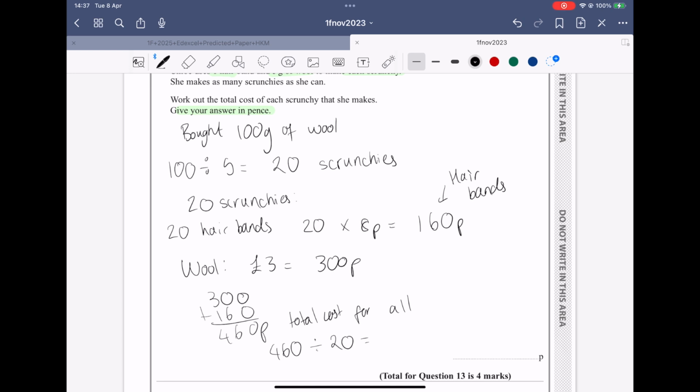Well, 460 divided by 2 is 230, so divided by 20 is 23. 23 pence. So the total cost will be 23 pence. That's how much it's cost to make each one.